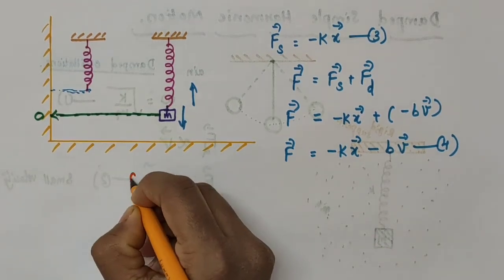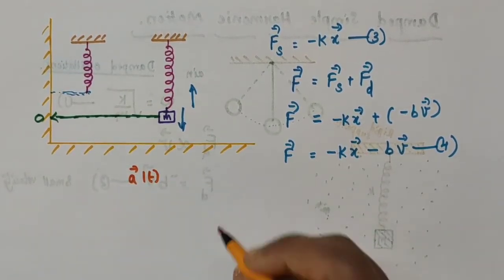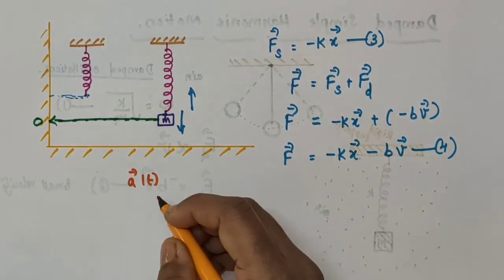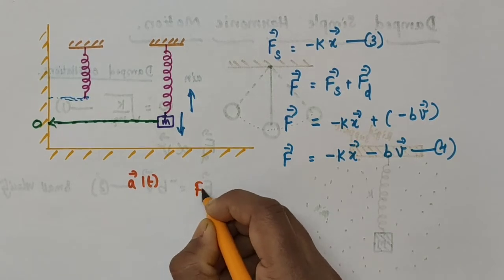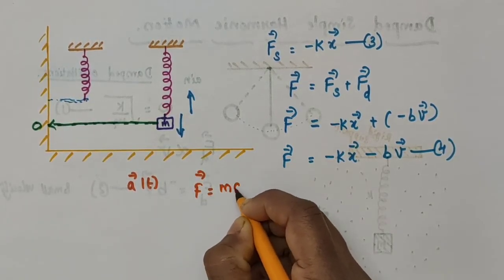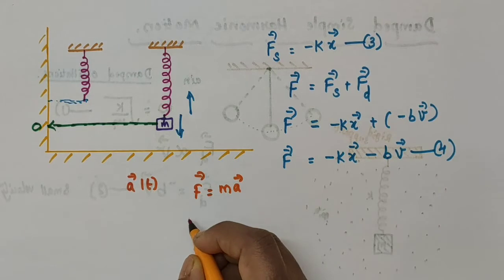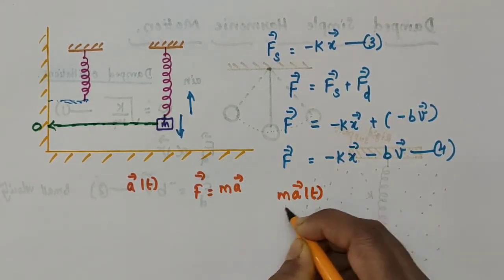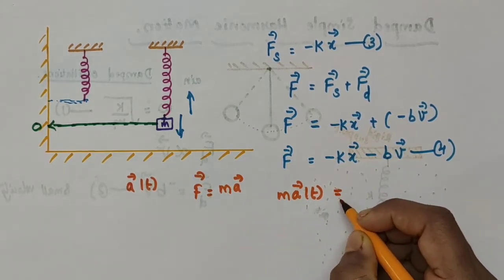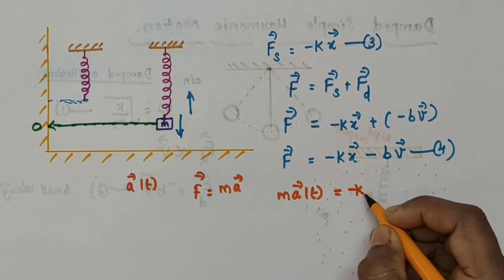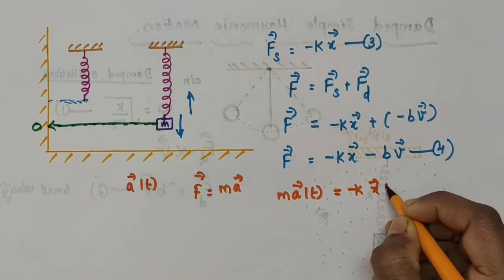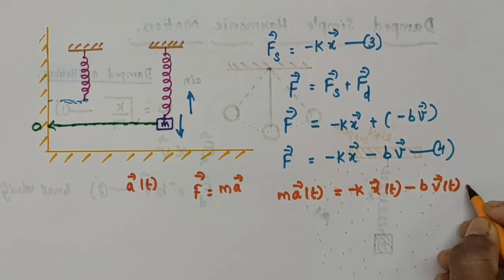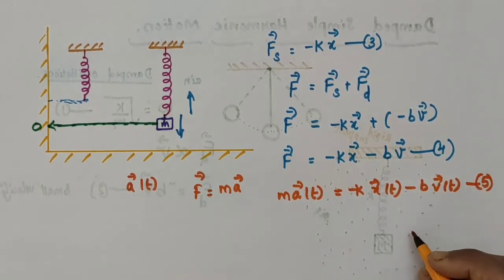Now, let vector A of t be the acceleration of this mass m at any time t. So, from Newton's second law of motion, we have vector F is equal to m into vector A. So, vector A of t is equal to what? Minus k into vector x of t, then minus b into vector v of t. I am taking this as equation number 5.